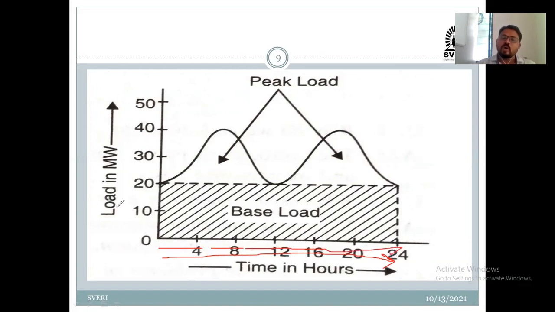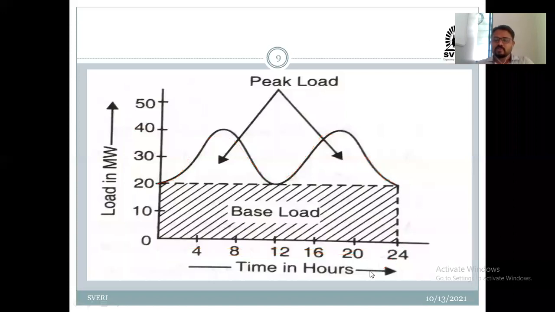On the y-axis, we have taken load in megawatts. And we have drawn this curve. Now on this load curve, on the basis of whatever data we are getting, we have to decide what is the base load and what is the peak load.